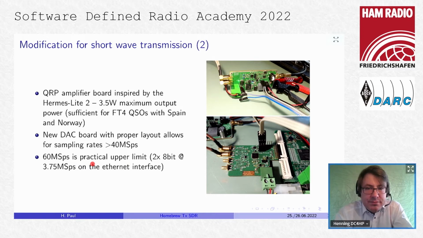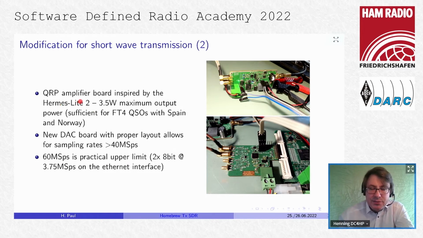Of course, if I actually want to do QSOs, I need an amplifier, because what comes out here is 1 volt peak to peak. I need some amplifier in order to get some power into my antenna. This is why I designed this little board here. This is basically the amplifier part from the Hermes-Lite 2.